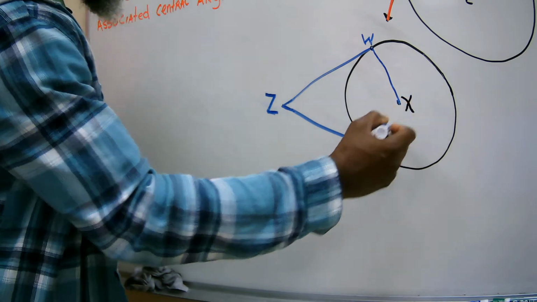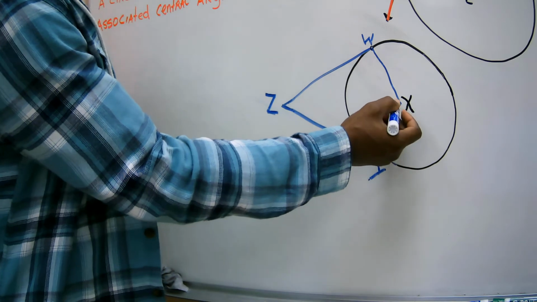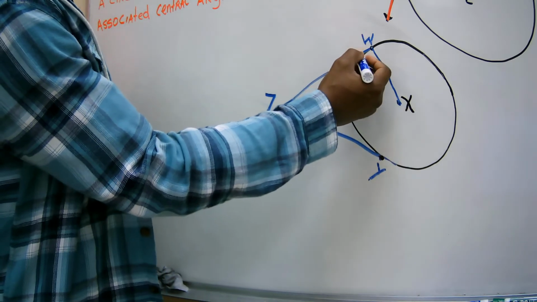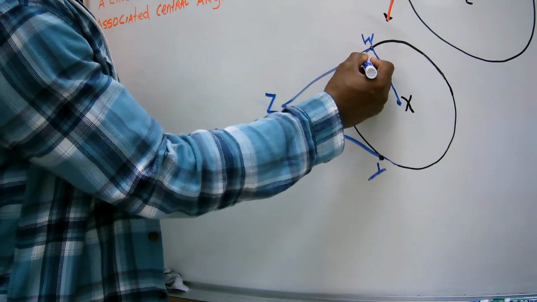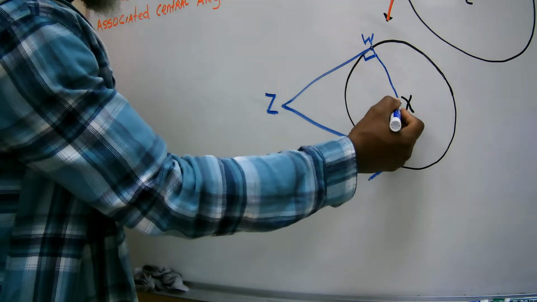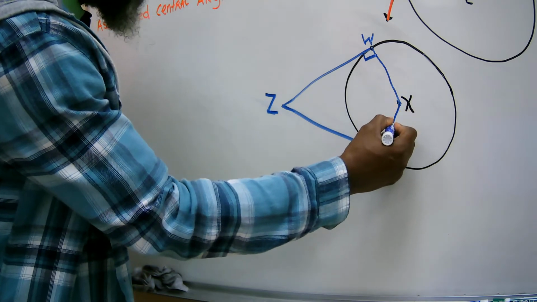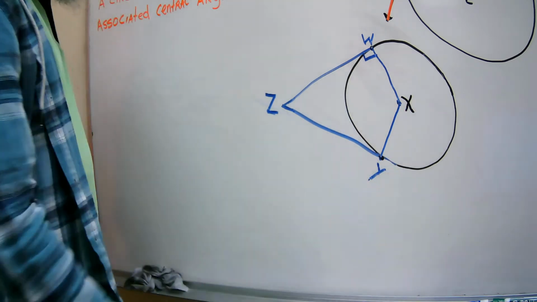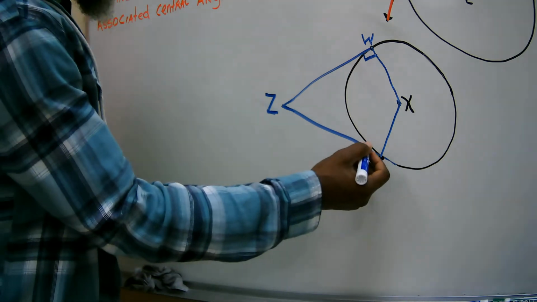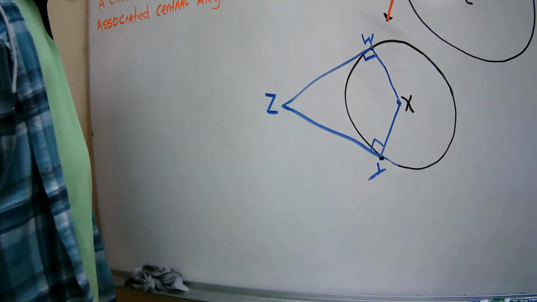As you learned earlier, the radius from the center to the point of tangency is perpendicular to the tangent. Therefore, this will be a 90 degree angle. If you do the same from point X, the center, and join it to point Y, the other point of tangency, that is another radius that is perpendicular to that tangent.